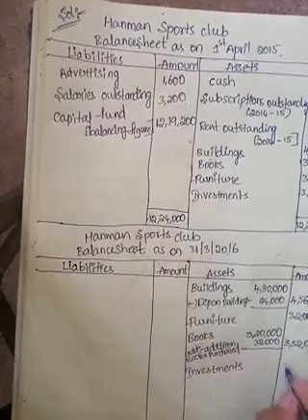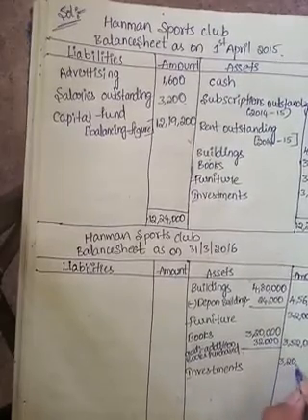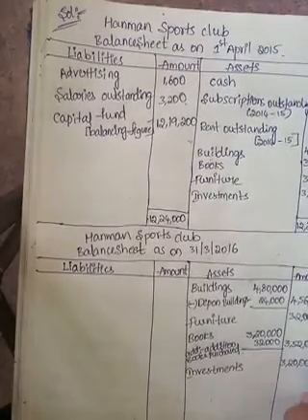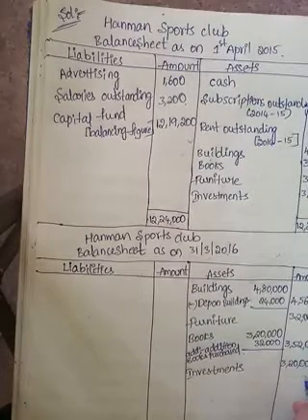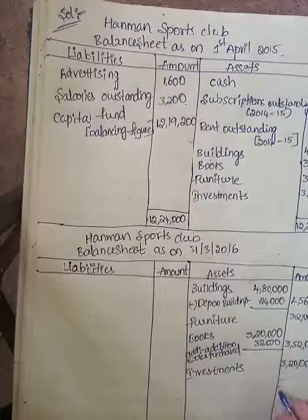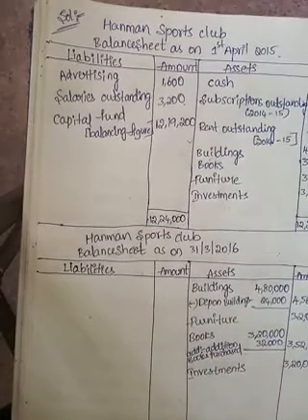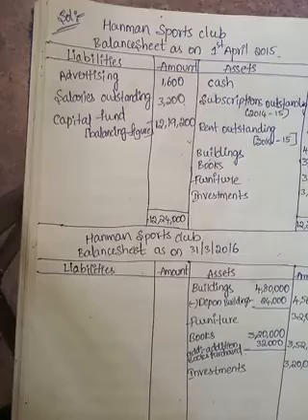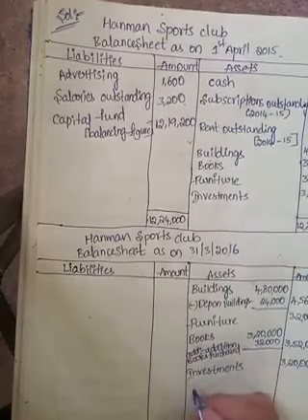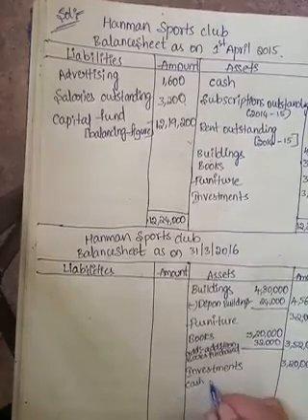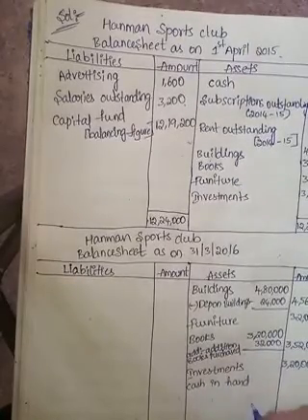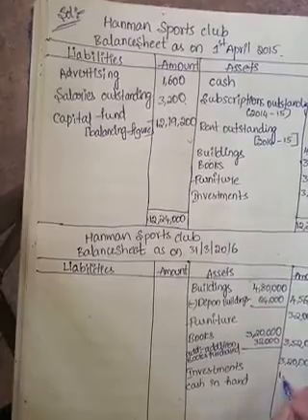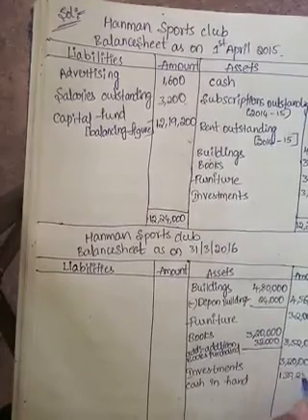Investment value is 3,20,000. So here cash in hand. This cash in hand will be taken as the closing balance given on the payment side. How much is the cash in hand? 1,39,200.